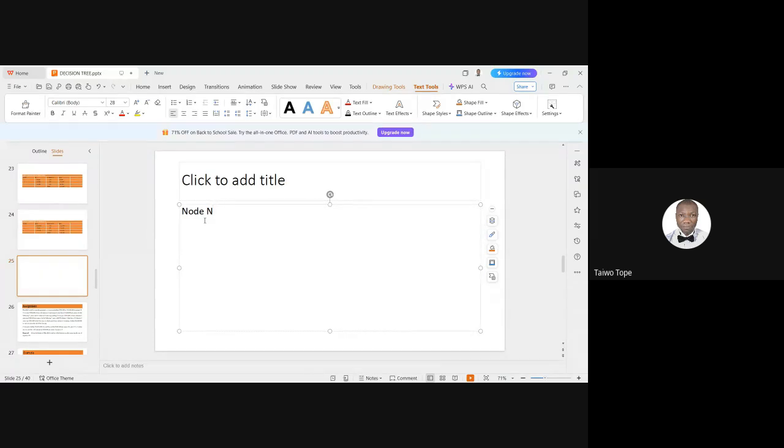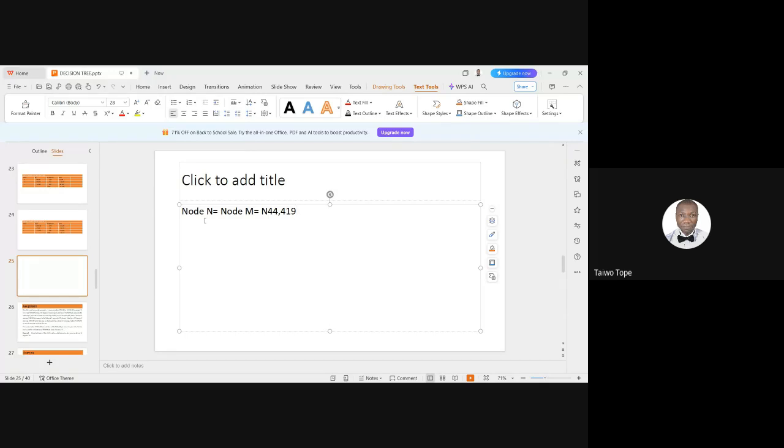No, you've already derived your results. Node N is equal to what? Node M. And node M is what? 44,419.